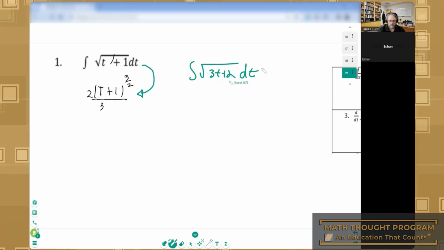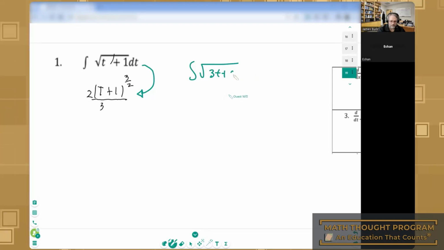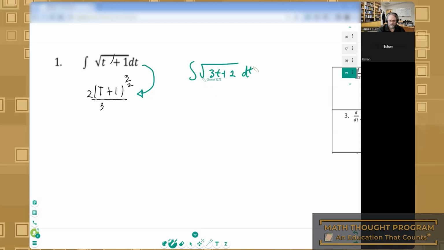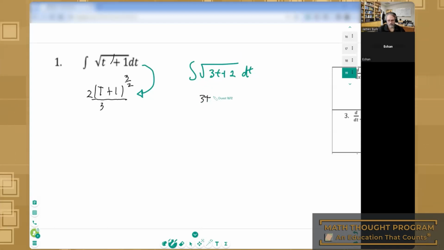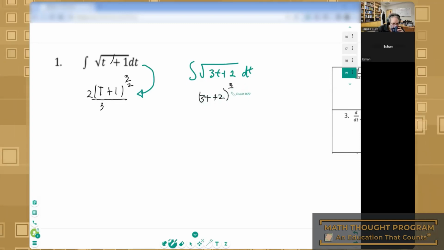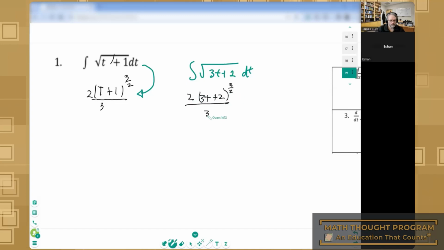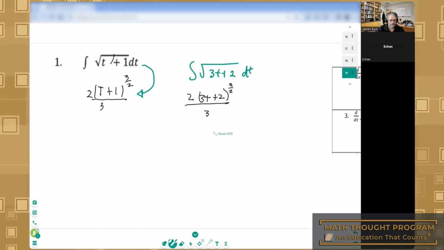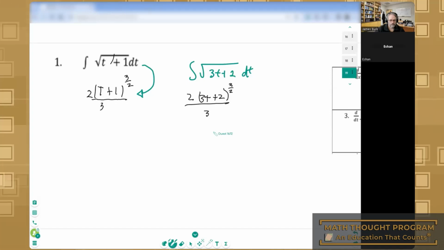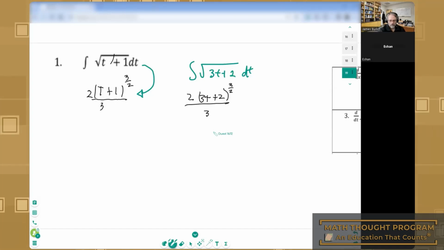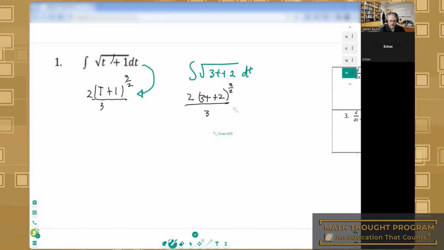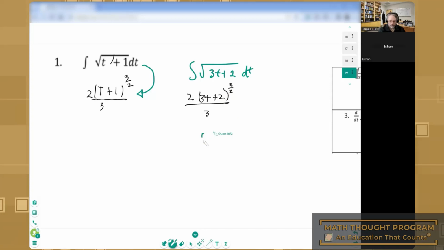Let's make it more like that, I guess. Okay. Tell me, what was the rule you used to get here? What did it look like? Power rule. Okay. Oh, wait, no, chain rule.